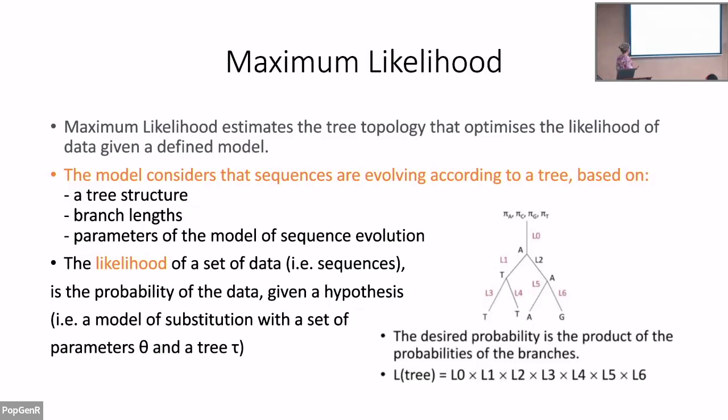So it estimates that from the data, and then you estimate your tree topology given the data and the model. And so given this hypothesis, you estimate the probability of the data and the model of substitution with your parameters of theta and tau, so divergence time and population size.